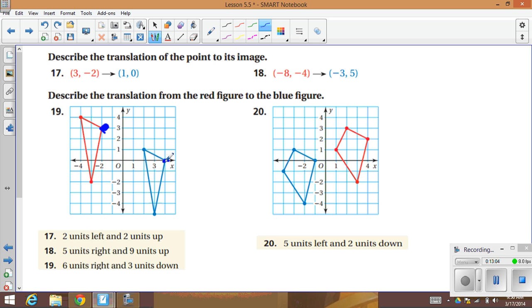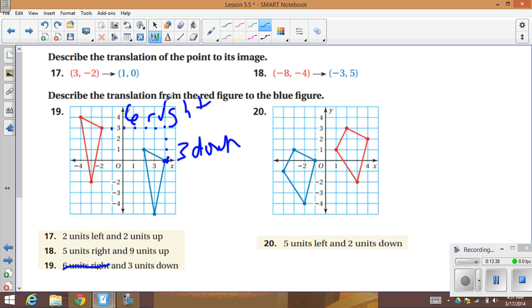So I need to move over 1, 2, 3, 4, 5, 6 units to the right. So 6 right. And then I need to get to the actual point, so I need to go 1, 2, 3 units down. So I need to go 6 right, and I need to go 3 down.